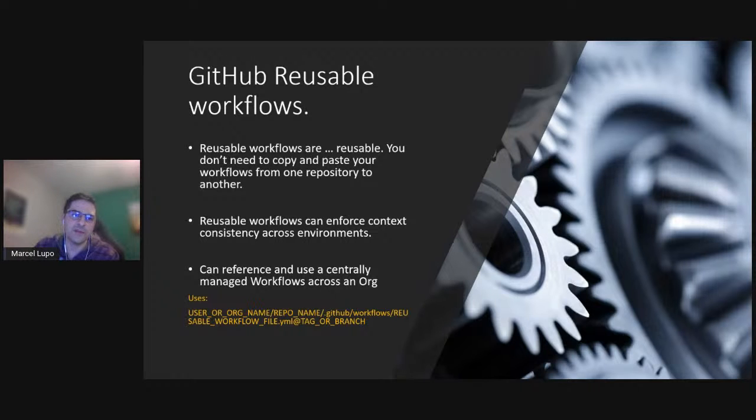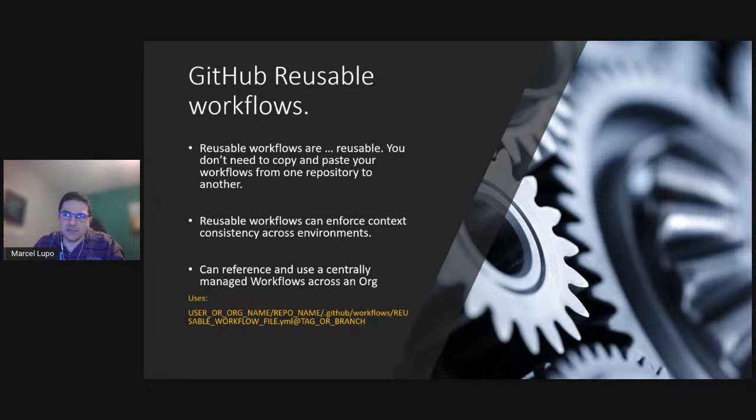If you've got different repositories in GitHub and you have different workflows, and you need, for example, a temporary SAS token, you can call a workflow that is hosted in a completely different repo or in the same repo, doesn't matter, in the org, to generate that temp token for you, store it for you in the key vault, and then you can access that token in your code or through your application. So reusable workflows can enforce context consistency across environments.